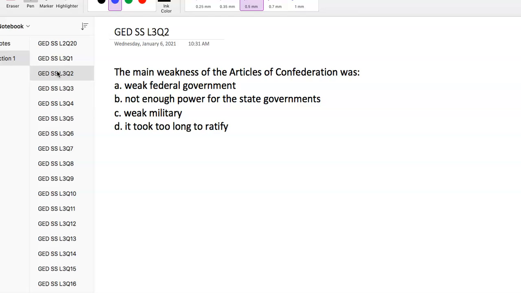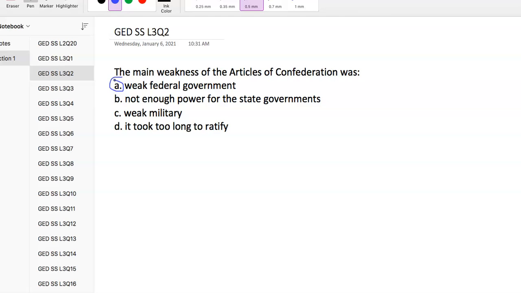Main weakness of the Articles of Confederation. Okay, we definitely want to know that. It's a very, very common question. Bam. Weak federal government. We want to connect the Articles of Confederation with a weak federal government much more than anything else. The Articles of Confederation was an agreement between all 13 states and served as the first constitution in 1776.